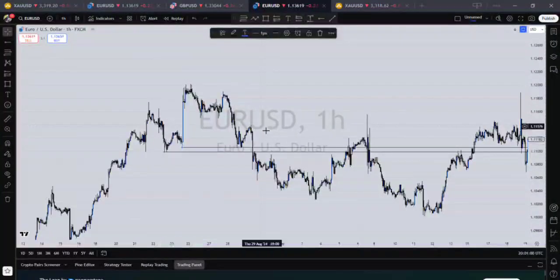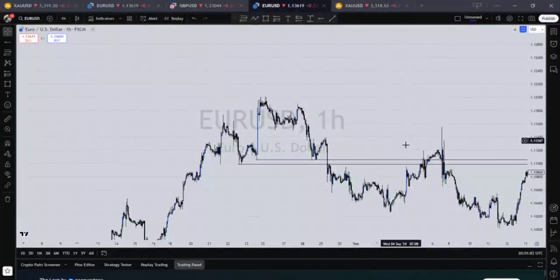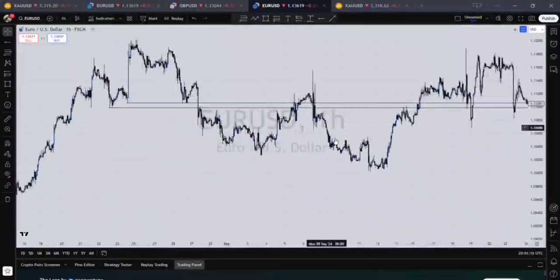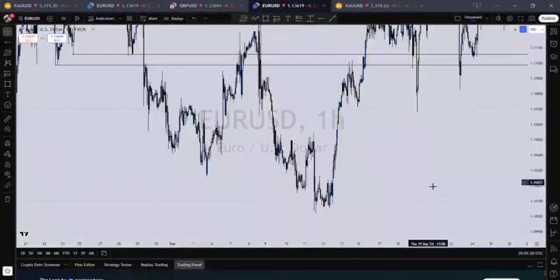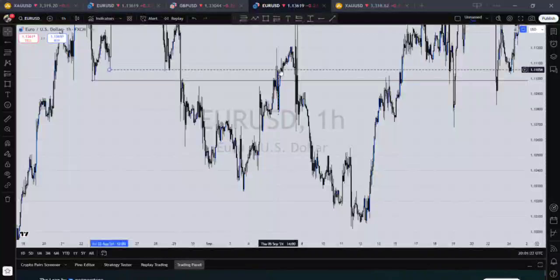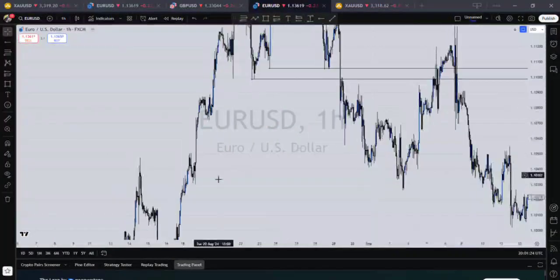Look at it, do you see that? So it is okay for price to take out the first low. It is not okay for price to raid the second one, which is supposed to hold price. You understand? So failure for price to do that, something is going on.